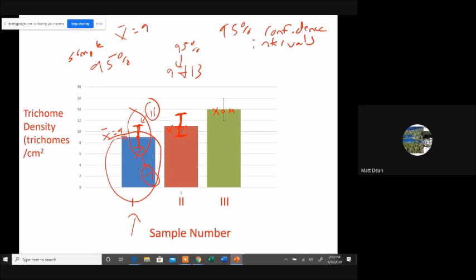And finally, for population 3, the mean there was 14. To create that 95% confidence interval, we're going to go up 2 standard errors of the mean. So from 14 up to 16. So remember, the standard error was 1. We're going to go down also 2 standard errors. So down 2 from 14 puts us at 12.